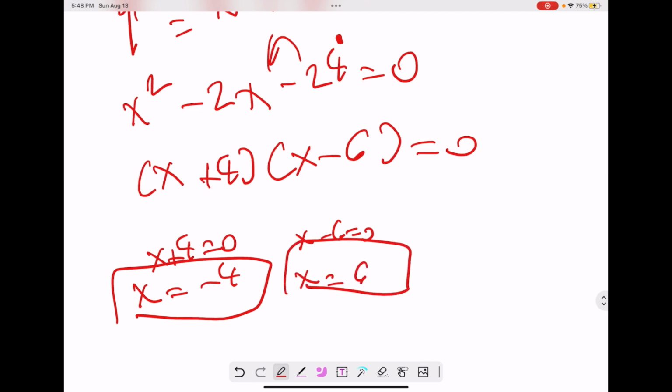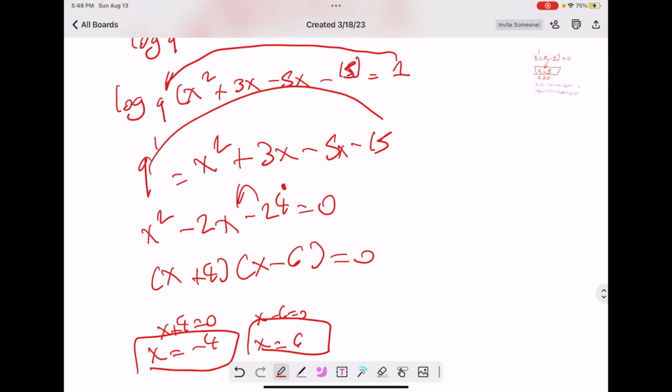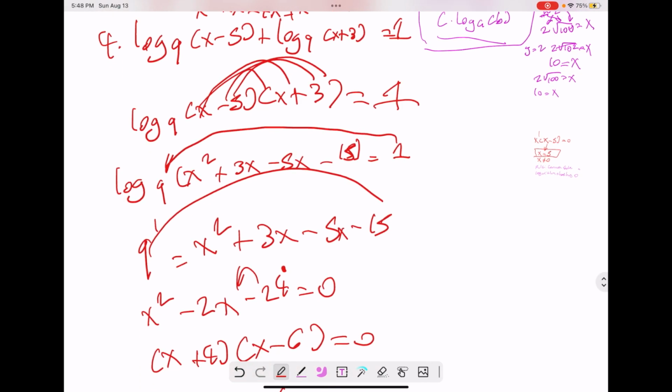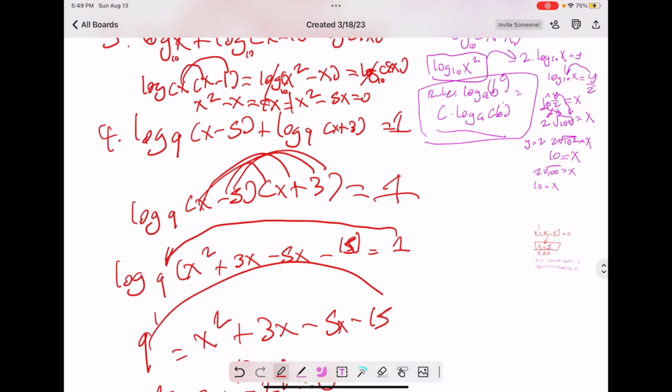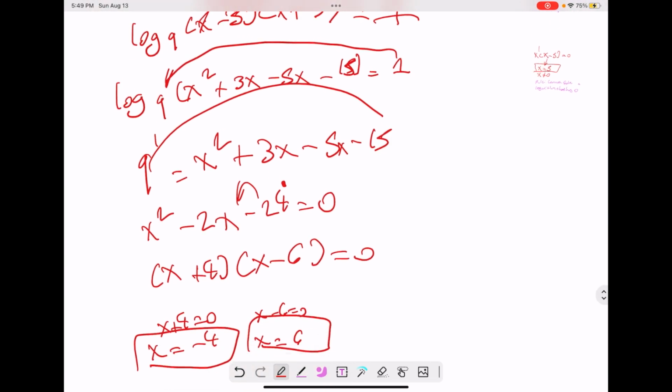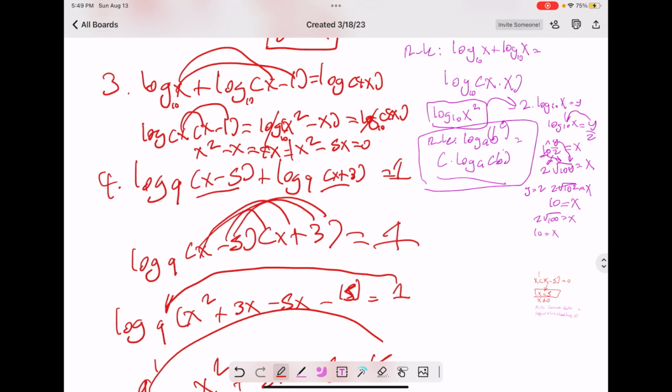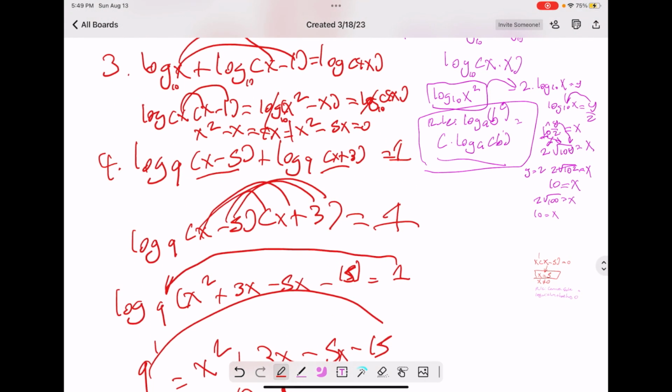These are not extraneous solutions because they are not 0. Actually, let me just check. Yeah, these are not extraneous solutions because when you plug in these values, none of them equal 0.